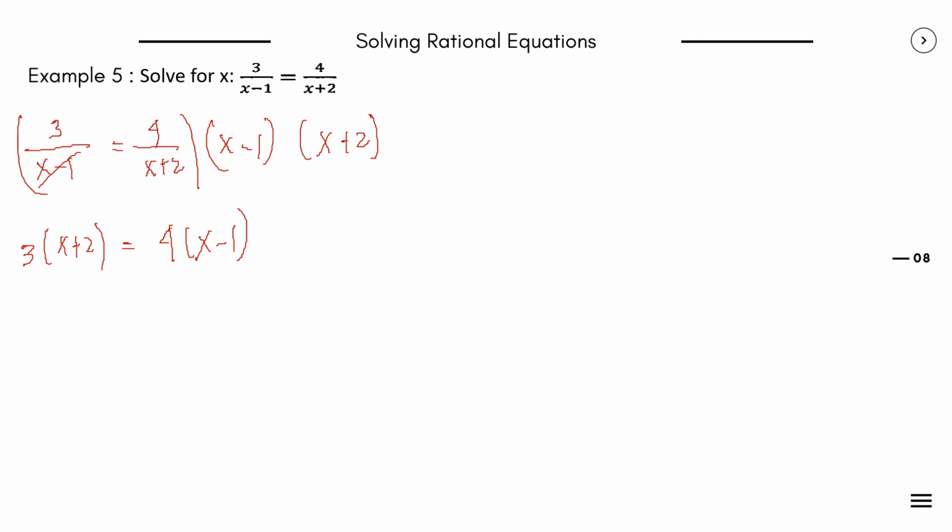Diba? Kung naalala nyo yung lesson nyo sa proportion, segue ko lang.